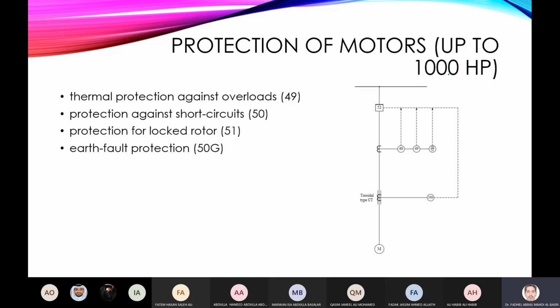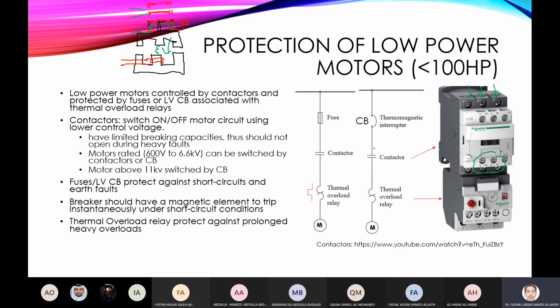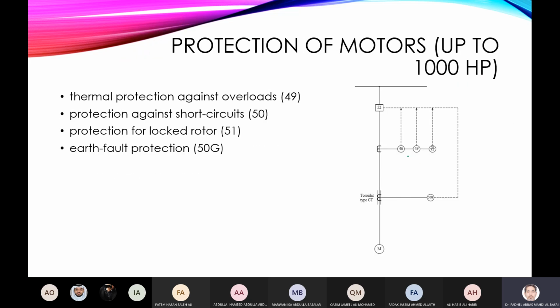And for the other category, like up to 1000 HP, you need additional protection. So you need a circuit breaker now. This is 52 instead of a contactor. I need to have additional protections, like the thermal element instead of a thermal relay. We have protection elements: the 49, which is a thermal overload protection element, the 46, and also 50 and 51 for short circuit protection.